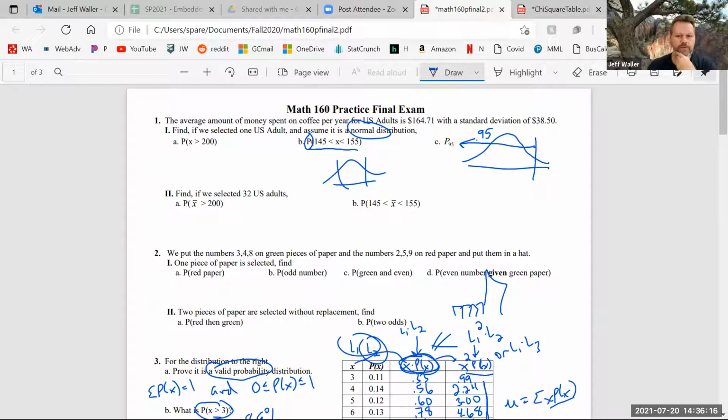Can you look up what that z-score would be? 1.645. Yes. Now, real quick, I'm about to say something that not everybody's going to quite get, but that's okay.